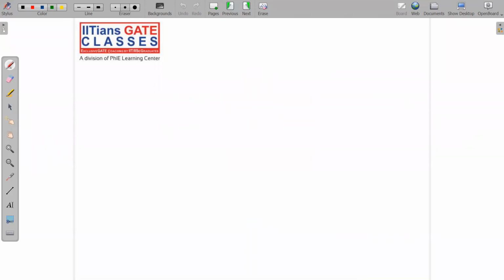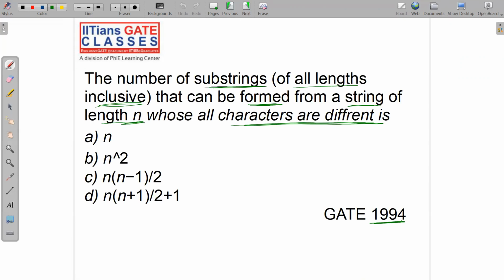First of all, we have to think of some examples. After taking some examples, you will definitely get the answer. Let us take sigma as ABC. Now I will take string w as ABC only. Why? Because the question says string of length n whose all characters are different.